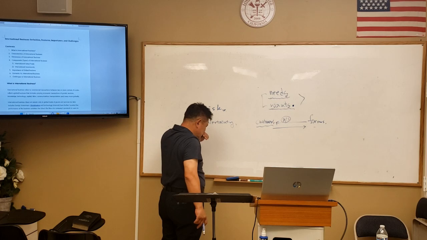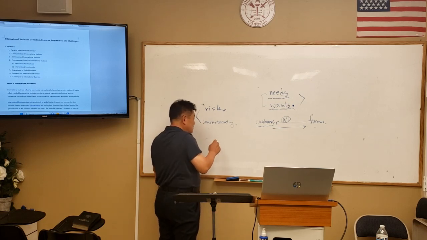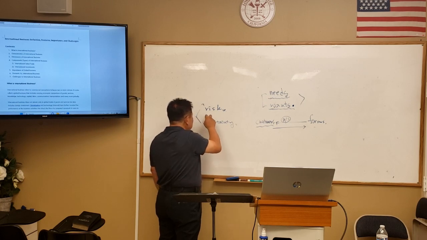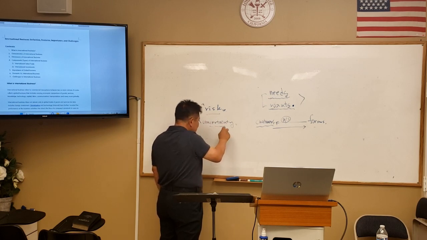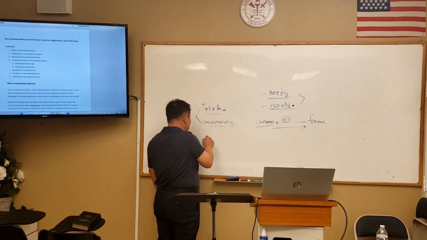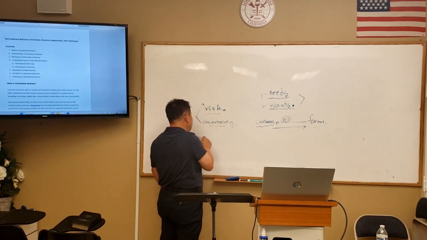Every situation is distinguished into two parts, risky and uncertain. If I want to invest in the stock market, this stock is a risky or uncertain situation, and then we decide how to resolve these vague situations.